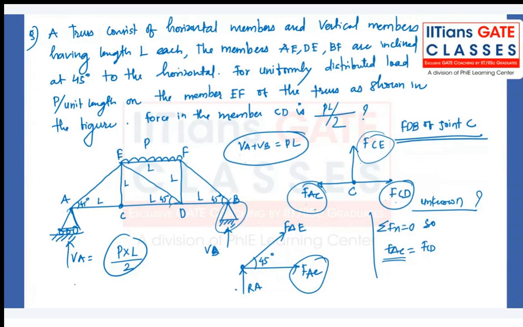Weber, what is your doubt? I'm not able to understand. That is the question, force in the member CD, and our answer is PL by 2. I think you are a little bit confused here.